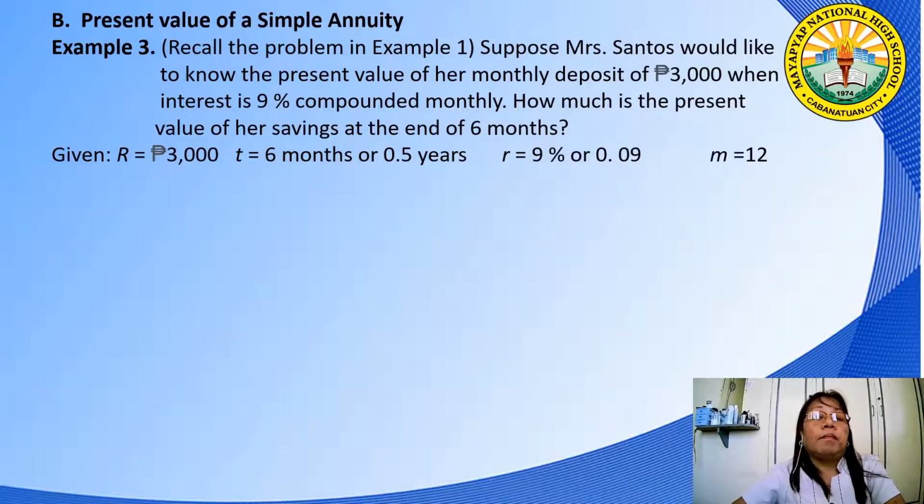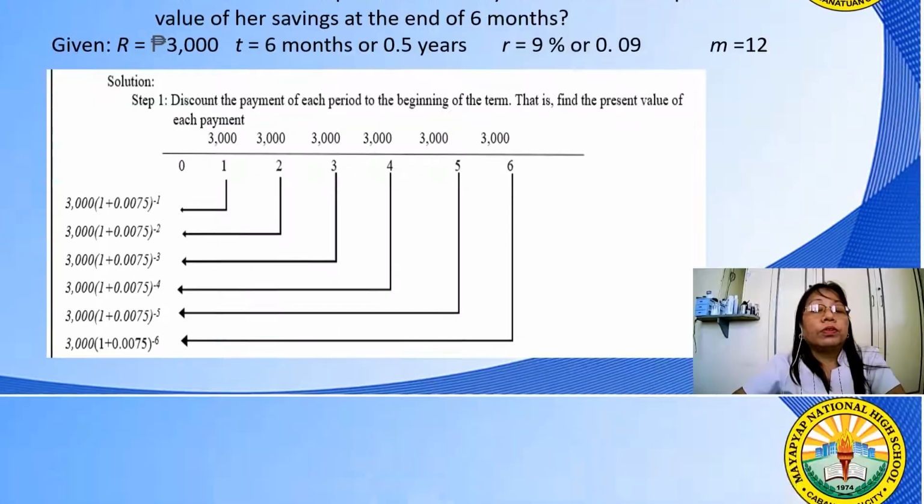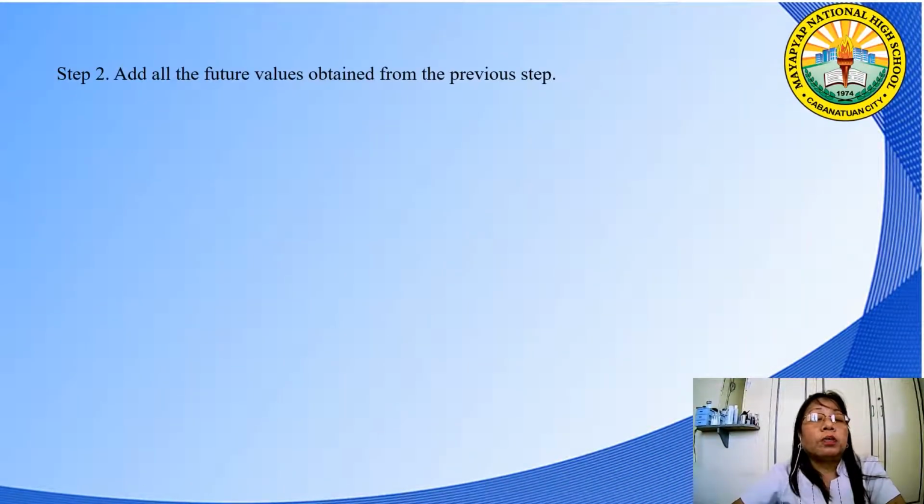So in the diagram, for step 1, discount the payment of each period to the beginning of the term, that is, find the present value of each payment. So look at the given diagram. For step 2, you add all the present values obtained from the previous step.